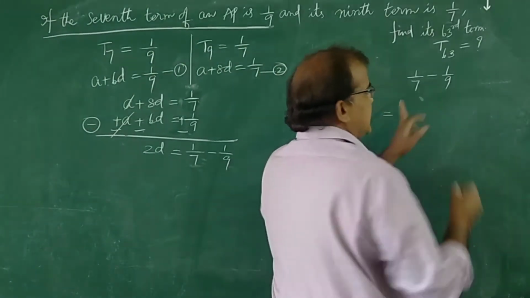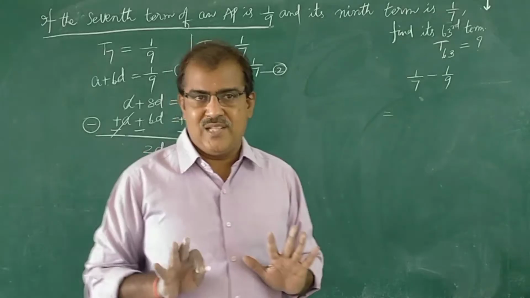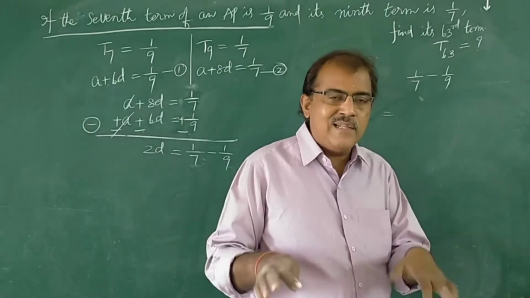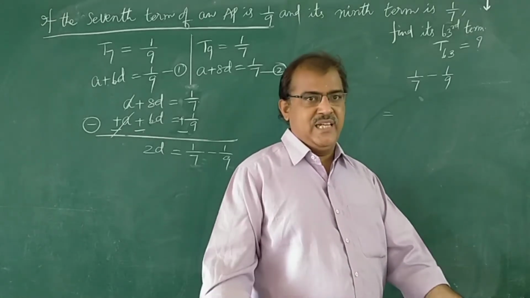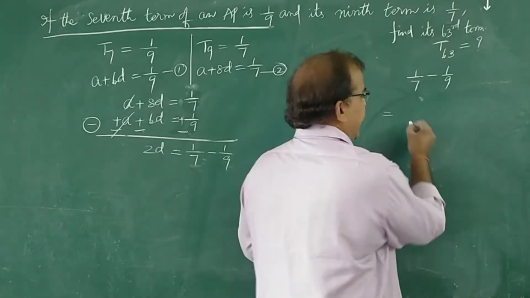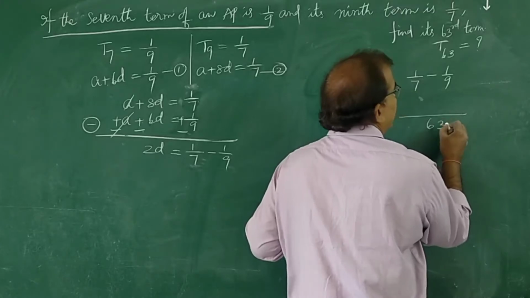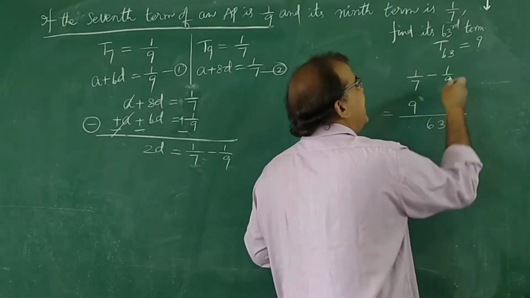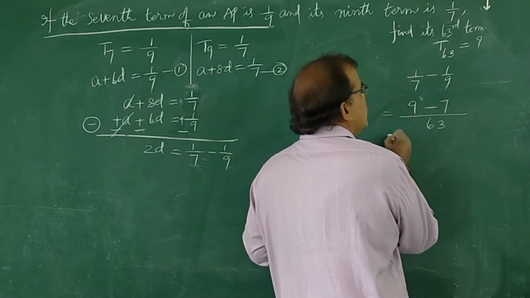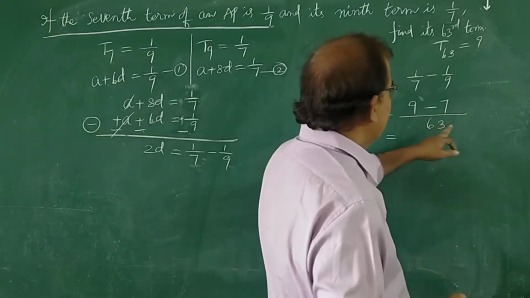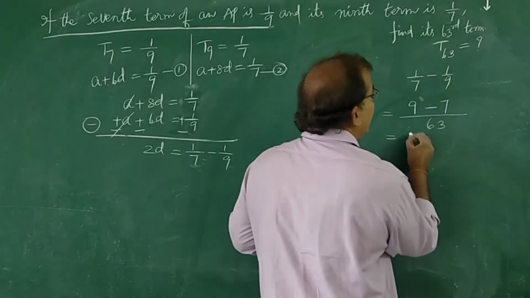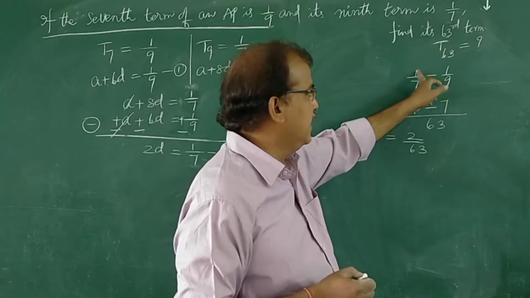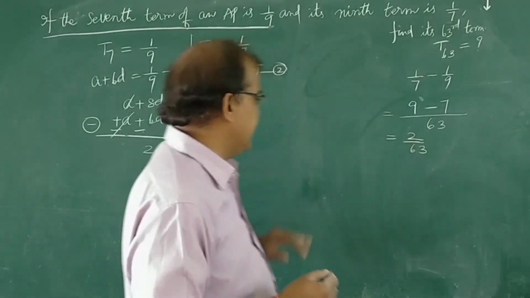Here 7 and 9 are co-prime to each other, so what is the LCM? 7 nines are 63, their product, 63. So 63 by 7, 9, and 63 by 9, 7, minus. So here we get 2 by 63. Understand or not? Okay, 2 by 63.